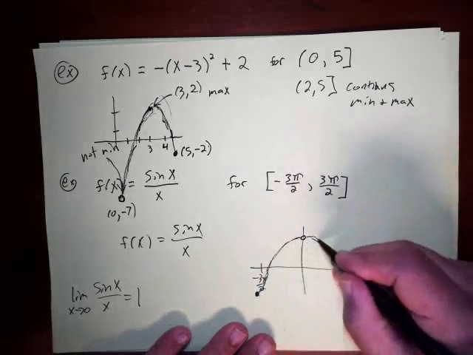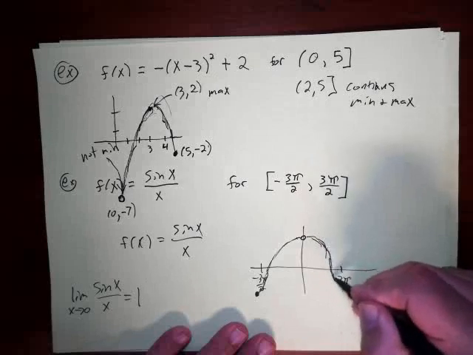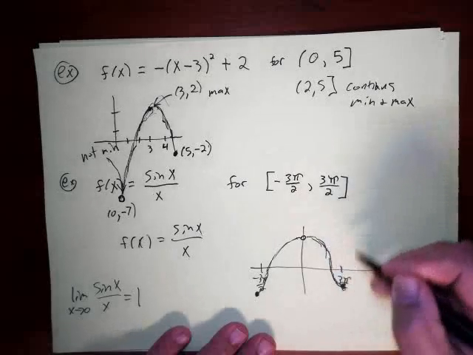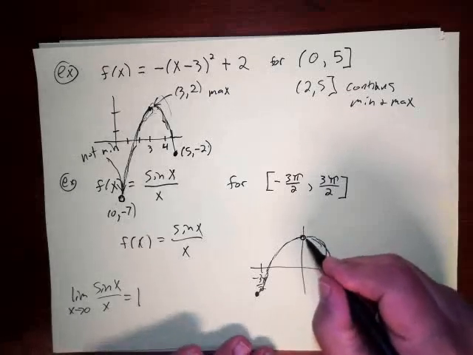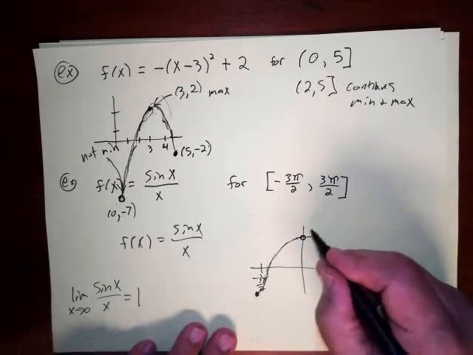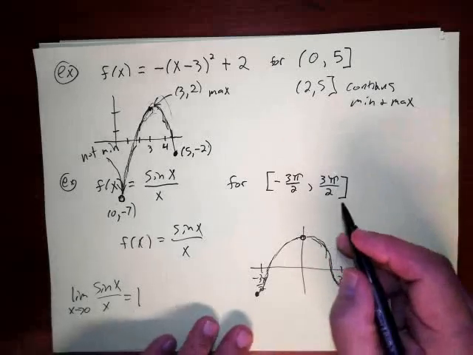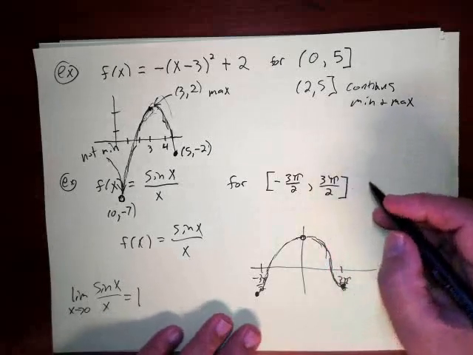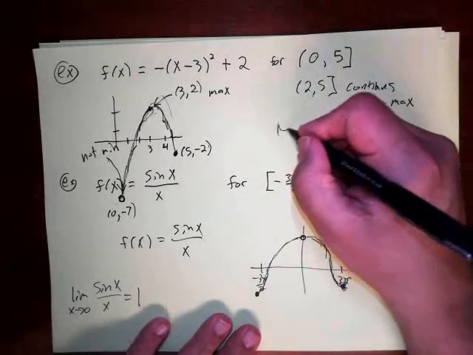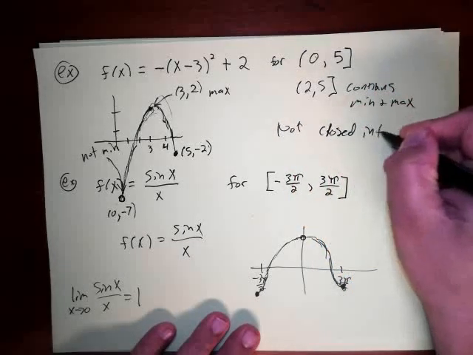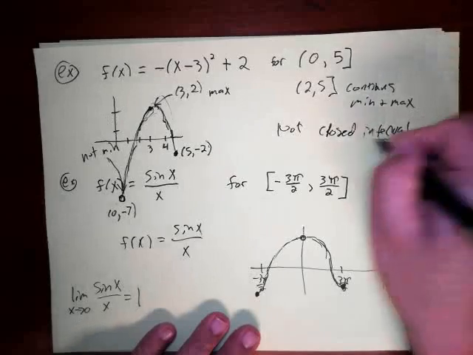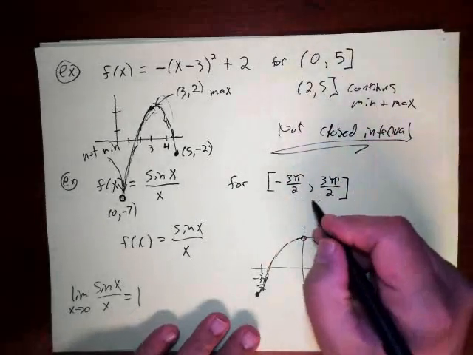It's actually not defined at 0, okay? So in this case, this is a closed interval. So the problem with this one is not that it's not a closed interval. This one is a closed interval.